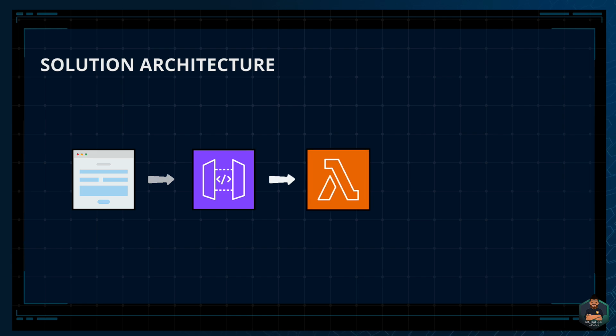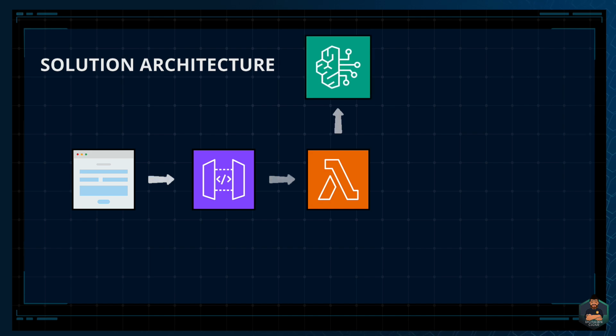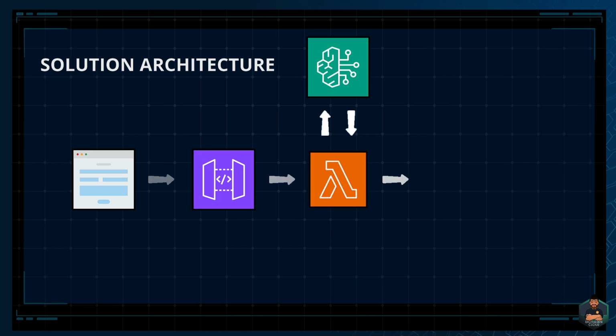It will process the form data, contain a predefined prompt for inspirational quote generation, and invoke the Bedrock API with this prompt. Amazon Bedrock will then process the prompt and generate a unique inspirational quote. The Lambda function receives the response from the Bedrock API and initiates the email sending process using Amazon Simple Email Service.